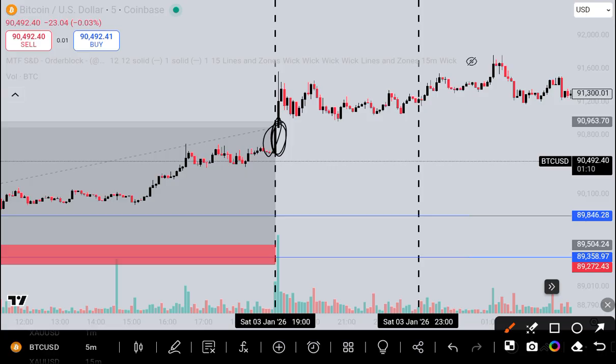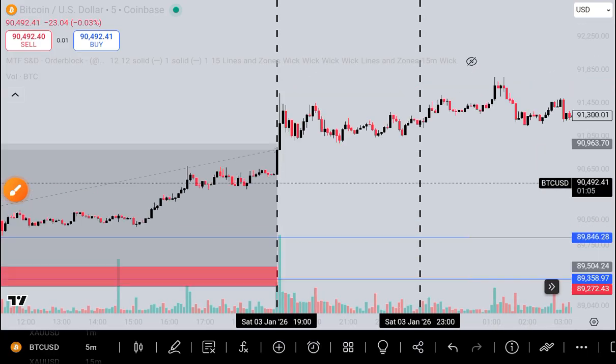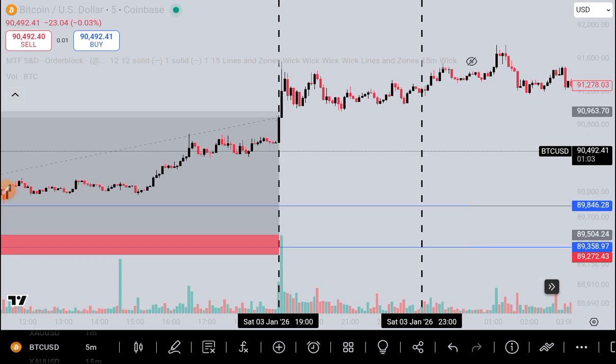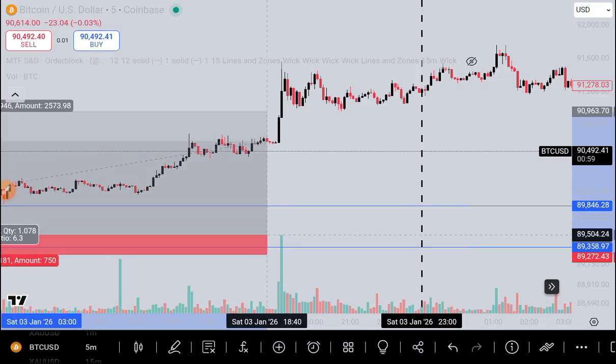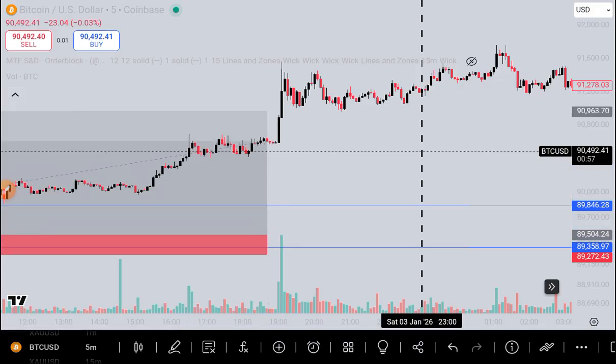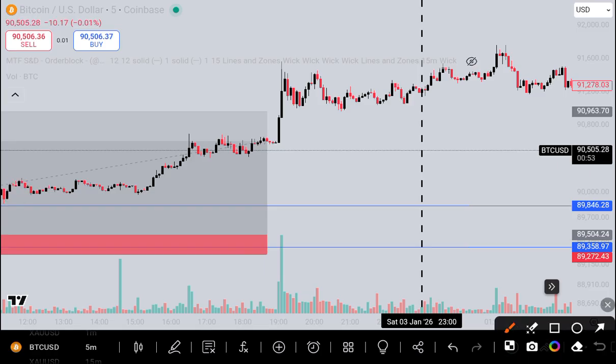As you can see, this candle is whole. Let me just delete this line so you can see it clearly. This candle is whole. Price has not come back to retest it, which means it's an area of high demand.